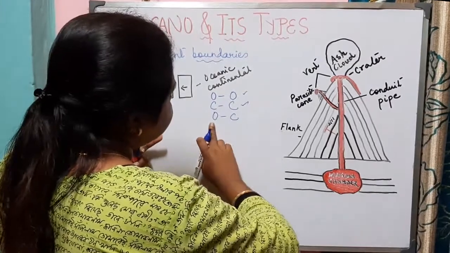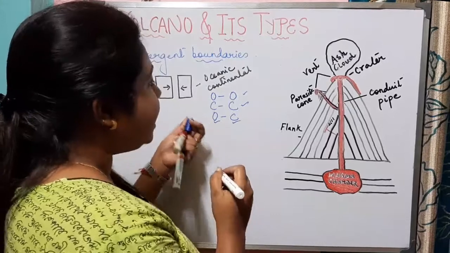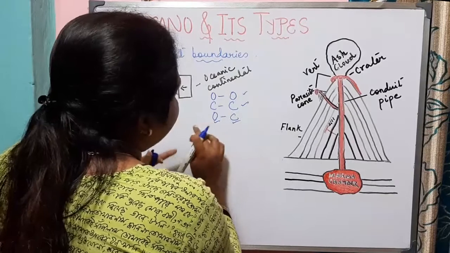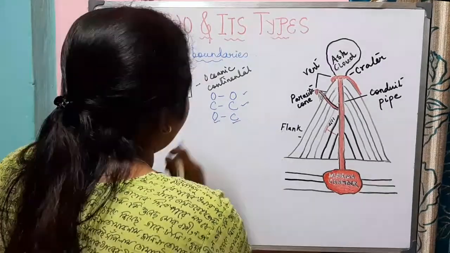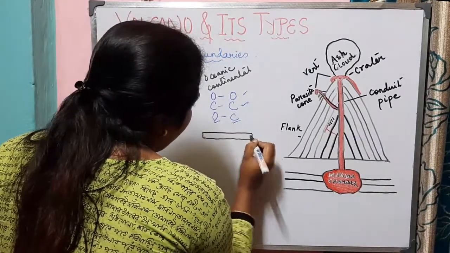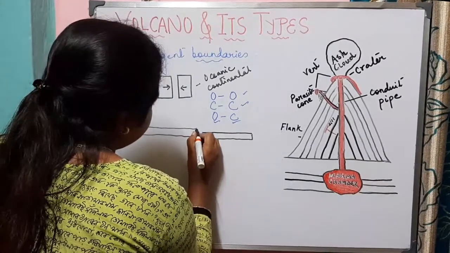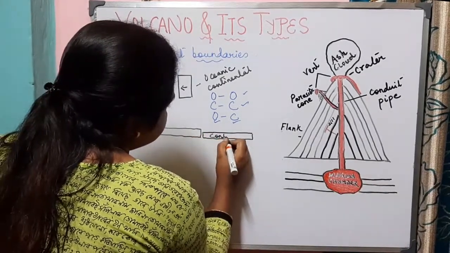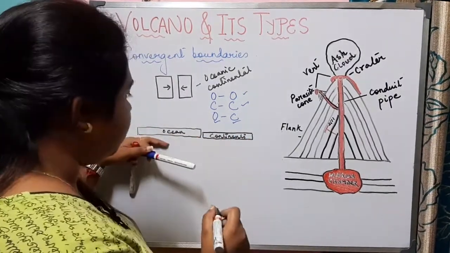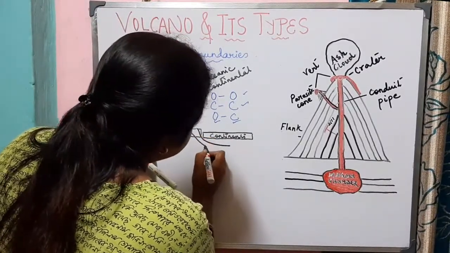Now what happens in terms of oceanic and continent? Both of them, the oceanic and the continental plates, are of different densities, and the thickness is different. So what will happen when there is movement of plates between oceanic and continent? Ocean being the heavier will slide past.